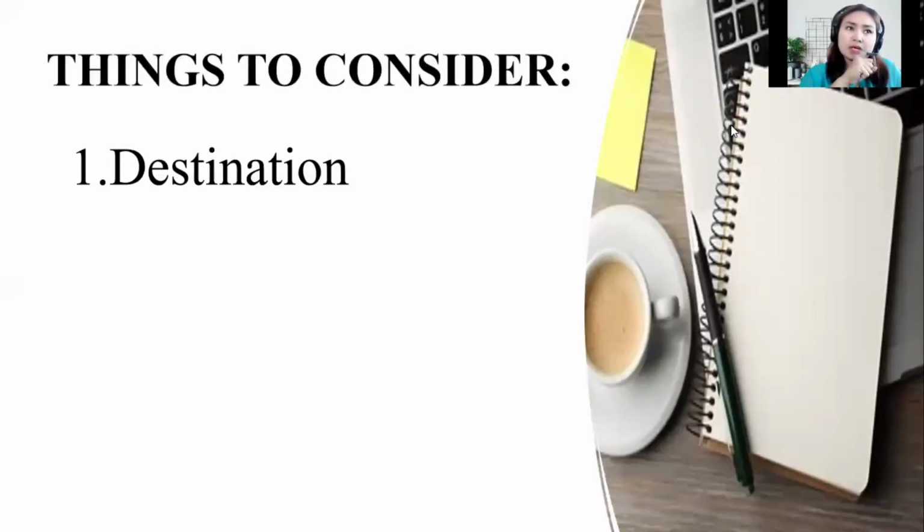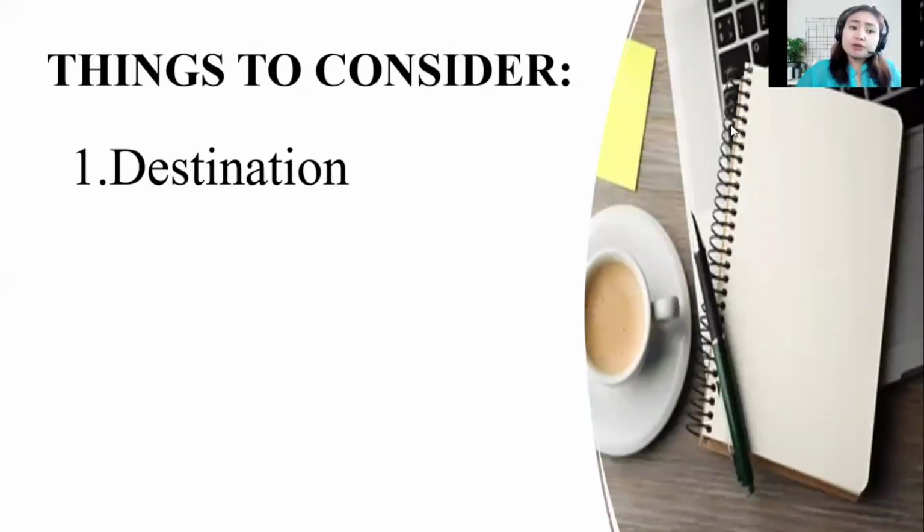It's very important that you know his or her title, his or her position, so that you will not make a mistake in addressing the person concerned. You will not commit the mistake of downgrading the position of that person, or creating a title that is not even his or hers. You know what I'm saying? So you have to consider its destination.